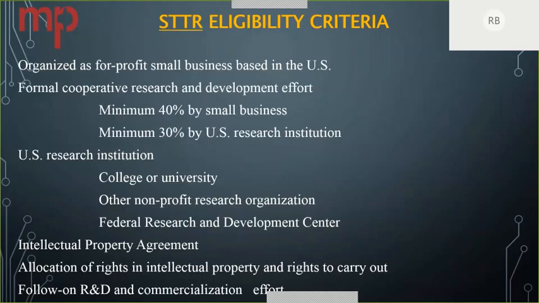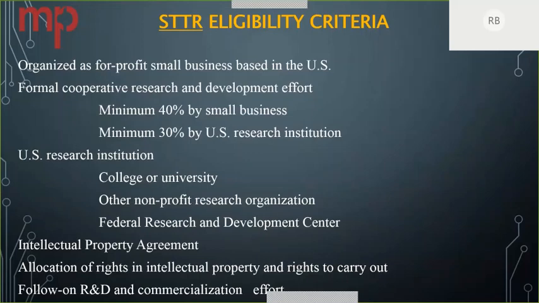And a federal research and development center could be a federal lab or a federal research and development center that's run maybe by some corporation that does just research for the federal government. So an FFRDC is a prominent player in the STTR program because it satisfies a major portion of the eligibility.